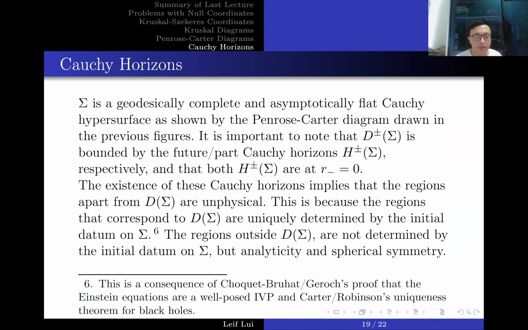So if sigma is geodesically complete and asymptotically flat, let me explain what I will define later when I talk about singularity theorems. Geodesically complete essentially means that there is no point on the space-time manifold where you cannot continue a null geodesic indefinitely.